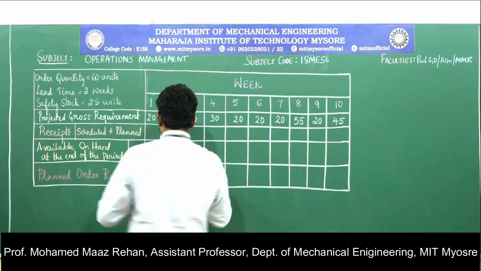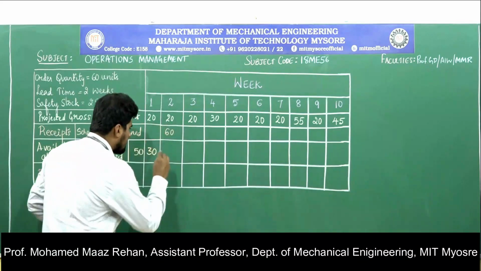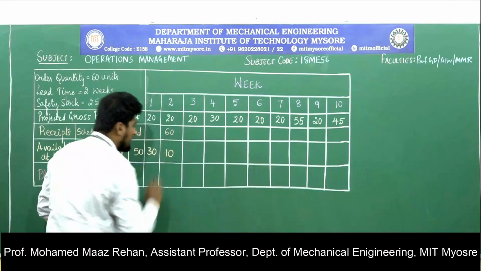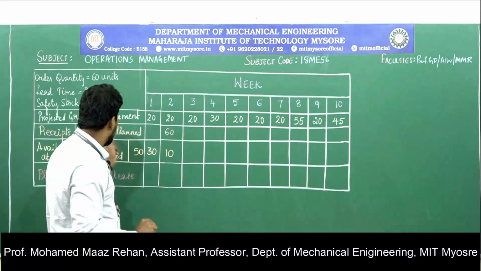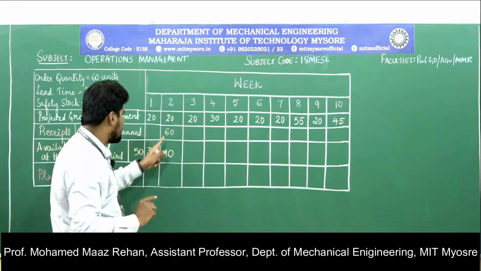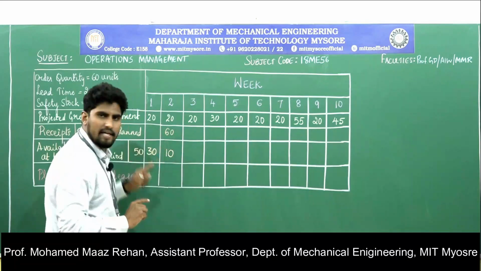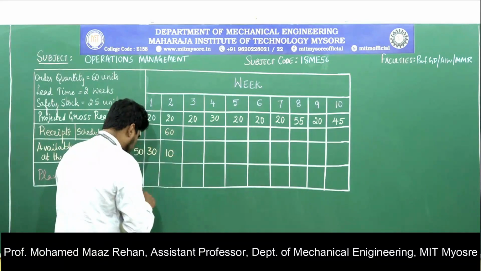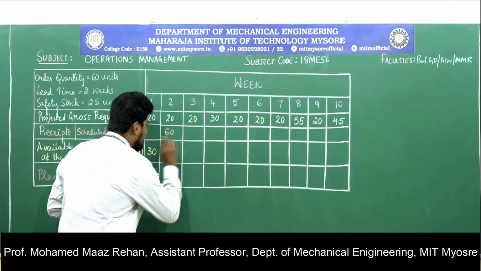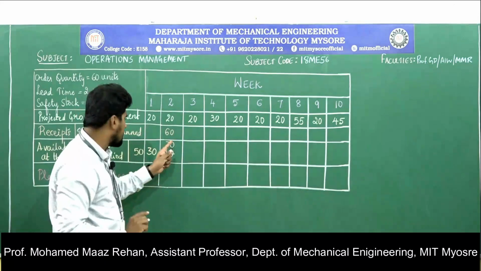So 30 minus 20 gives 10 units. But in the receipt you have 60 units. So 60 plus 10, now on hand you have 70 units. I hope this is clear.